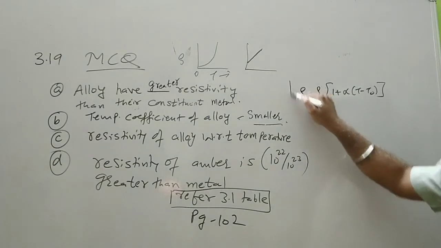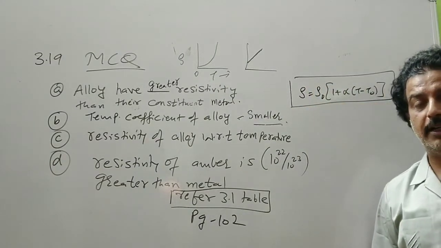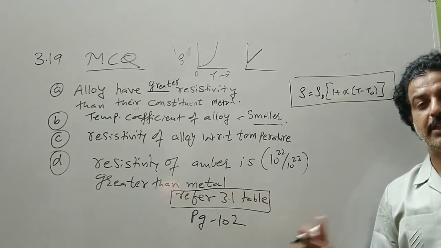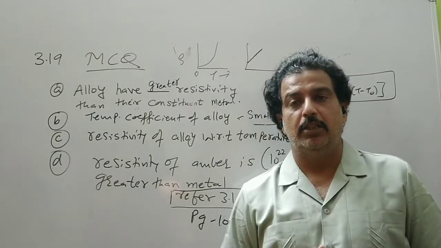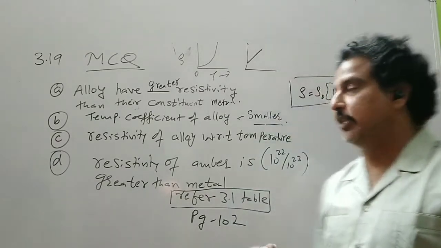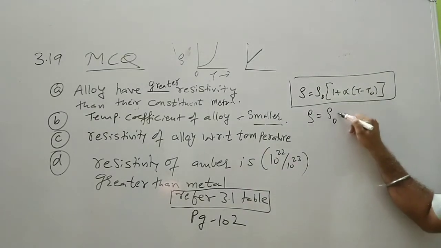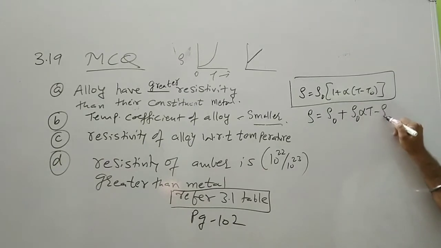Now see this relation also. If I have to find out alpha in terms of the change in resistivity with respect to temperature, we know that the resistivity changes with respect to temperature. So I can write this equation as rho is equal to rho naught plus rho naught alpha T minus rho naught alpha T naught. So I am simply opening the bracket.